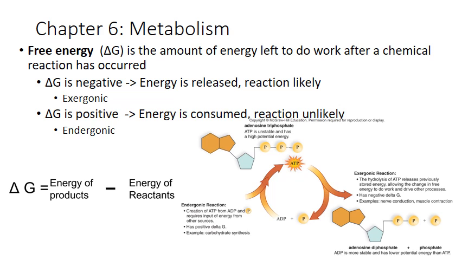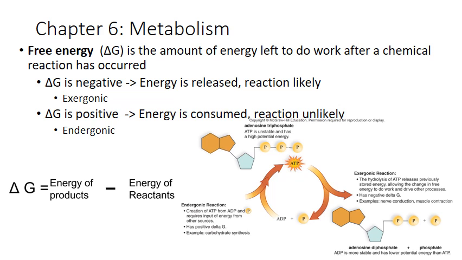So the concept behind this is that if there's more energy in the products than there's energy in the reactants, that means we've added energy into this molecule. So if you have some reaction like A plus B makes C plus D, these are just some molecules that you have.